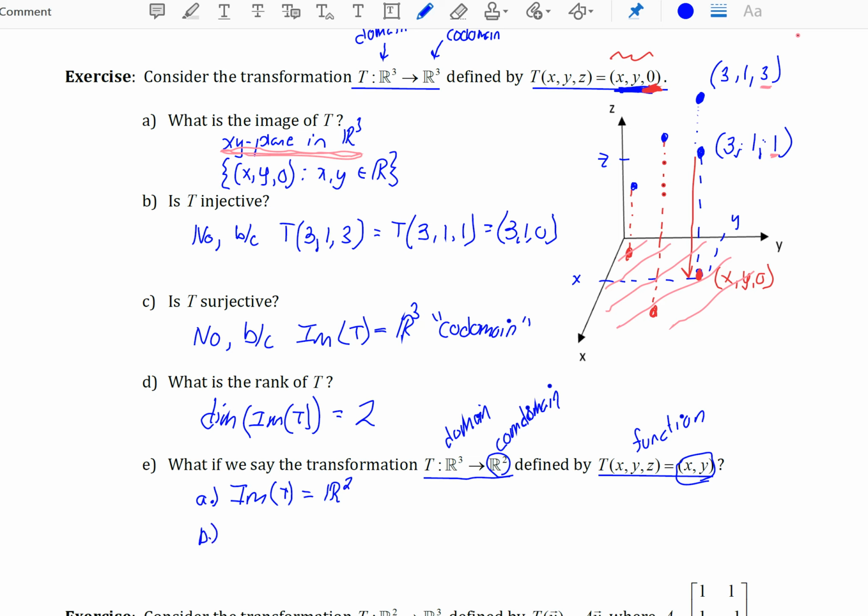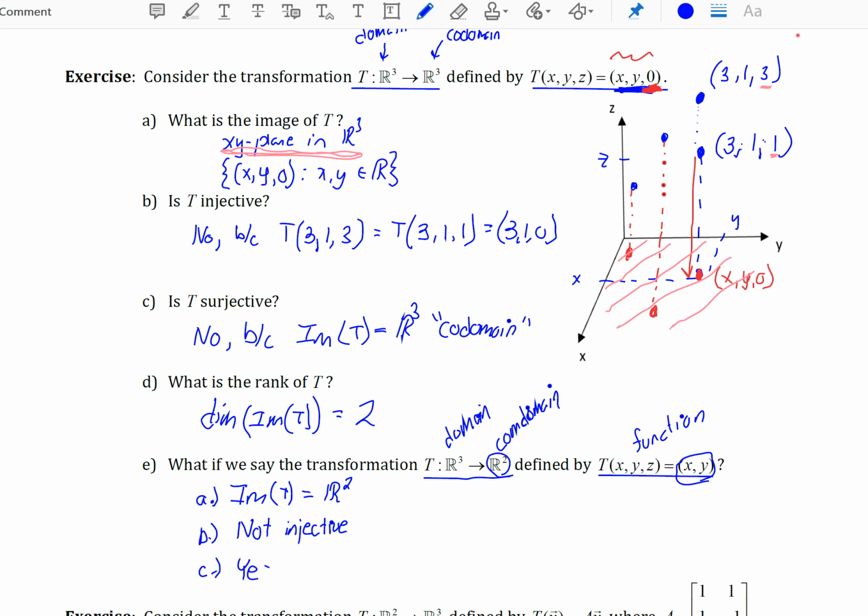Part B, is it injective? No, that did not change. Different inputs still give rise to the same output. Part C, is it surjective?